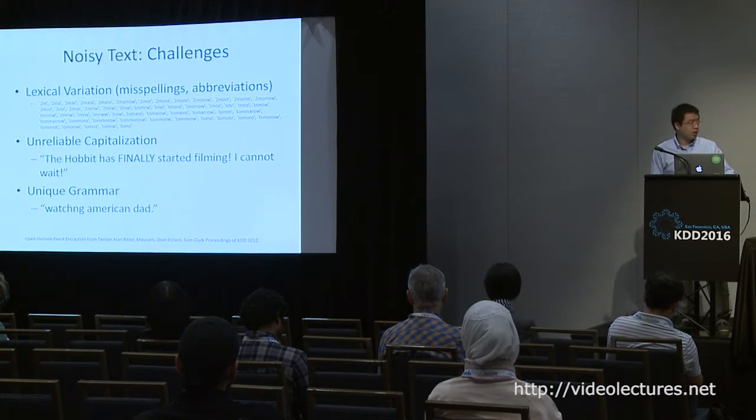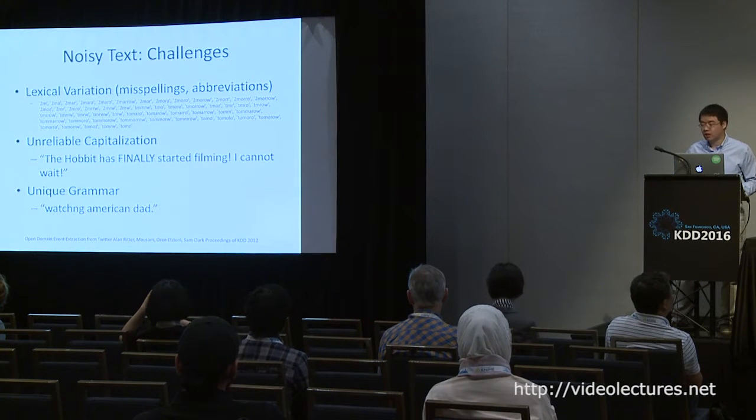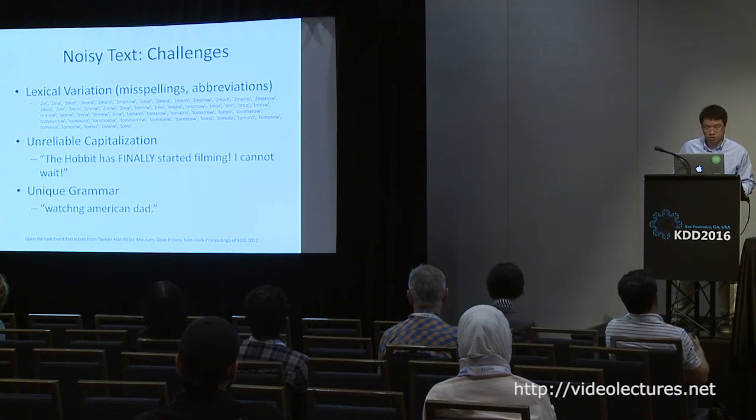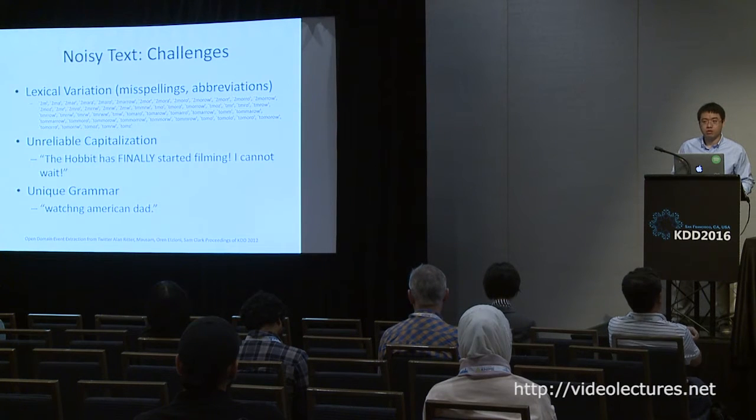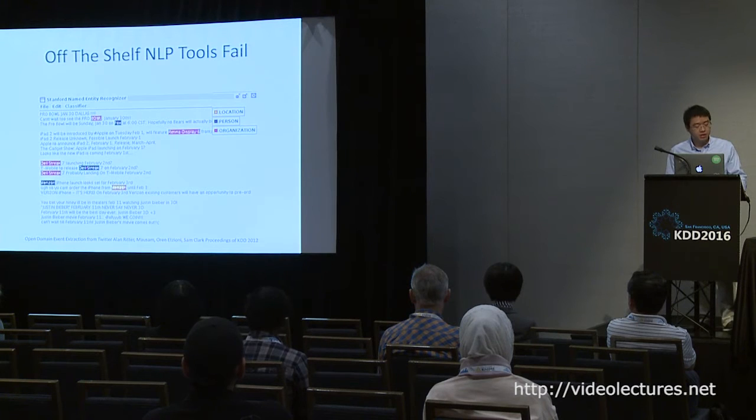Doing the event extractions is not very simple because, thanks to the informal aspect of social media posts, there are a lot of unreliable categorizations, a very unique grammar, and lexicon variations that impose a lot of challenges for extracting the named entities from tweets. And applying the existing off-the-shelf NLP tools often fails because of these challenges.